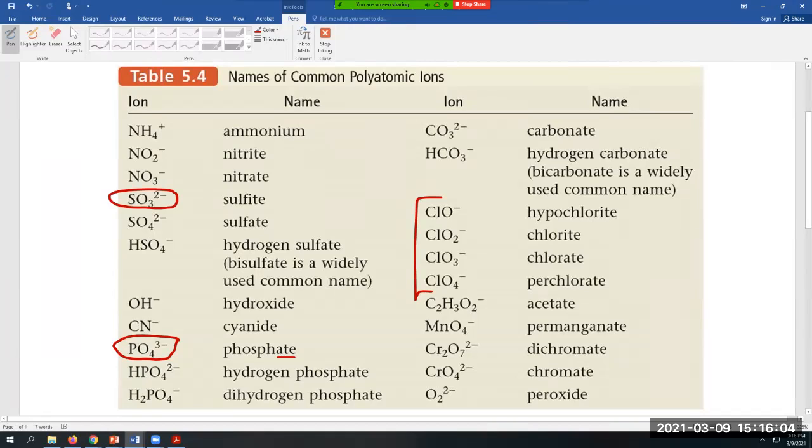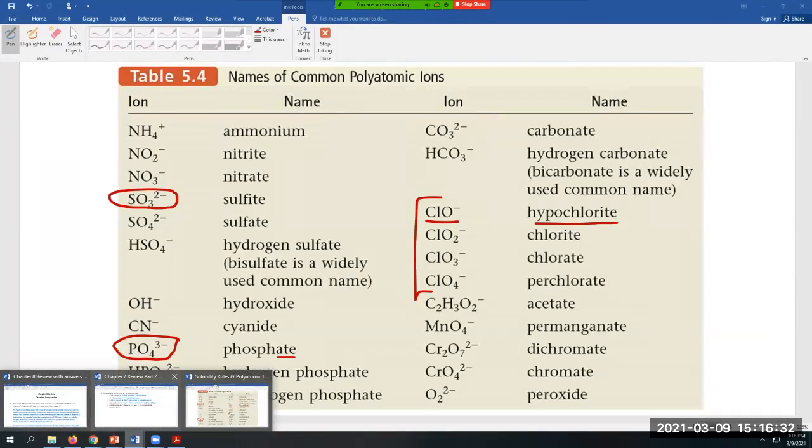You have hypochlorite, chlorite, chlorate, and perchlorate. And so hypobromite would be the same as hypochlorite except with Br. So here hypochlorite is ClO -1. So hypobromite is BrO -1. Because chlorine, bromine, and iodine behave the same way when they make polyatomic ions.